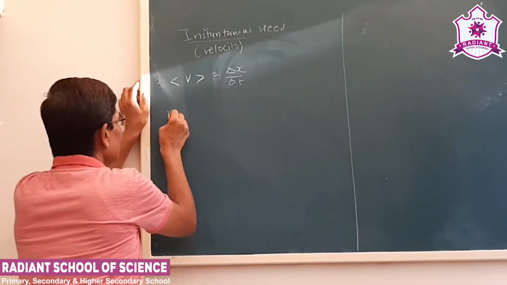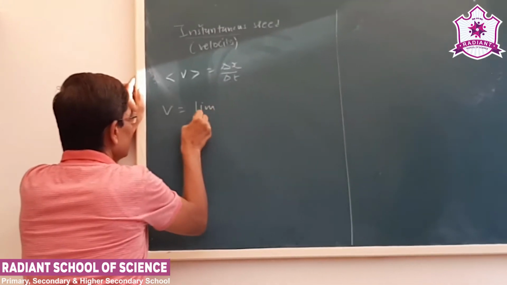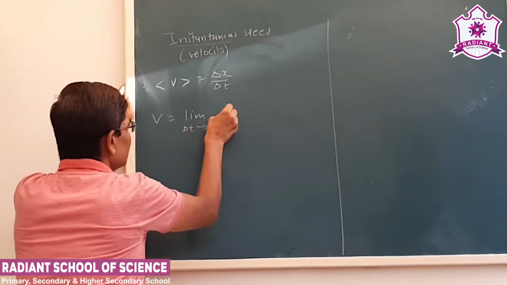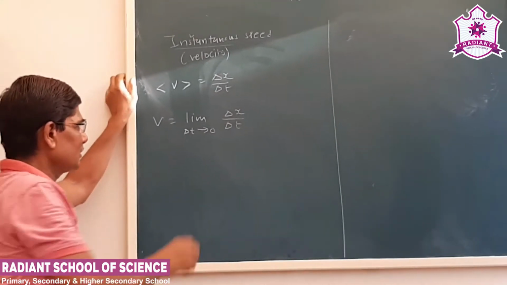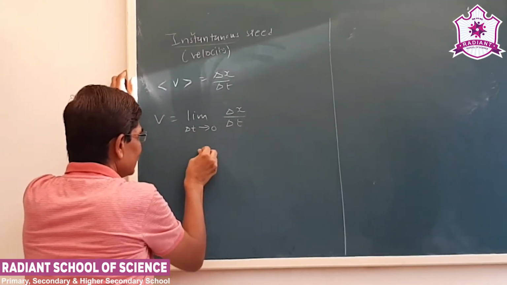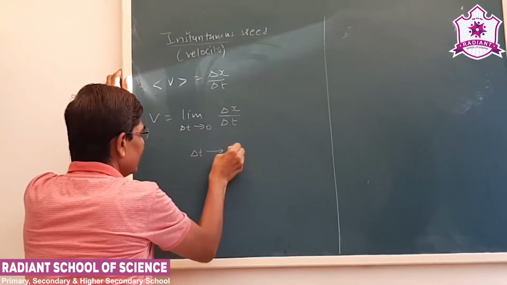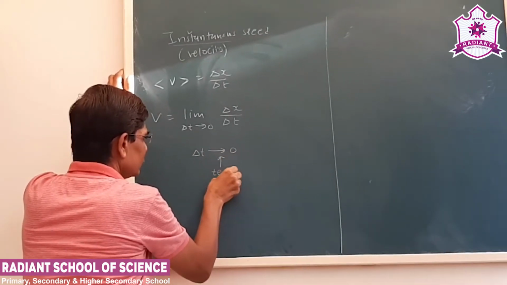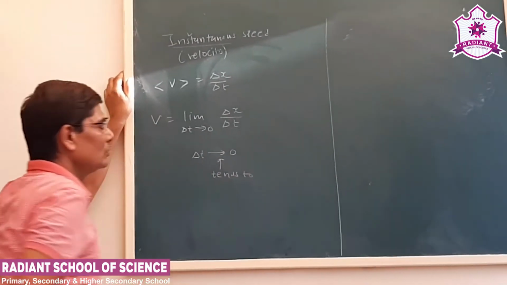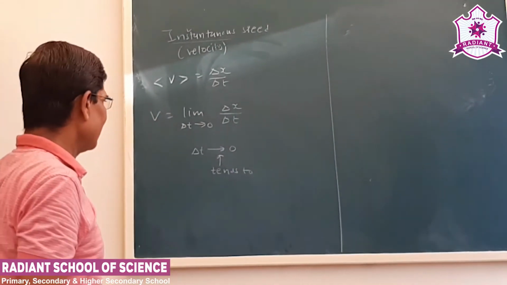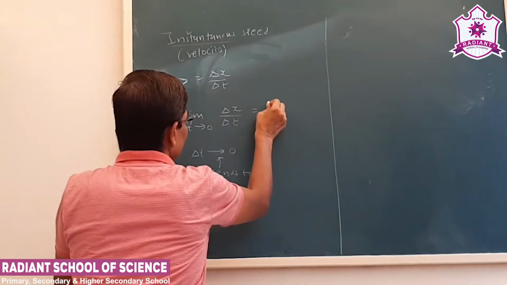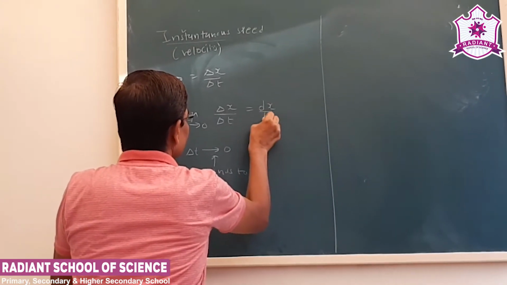Now see, this is a symbol for average speed. The instantaneous speed we obtain is the limit as delta t tends to 0 of delta x upon delta t. See, what is the meaning of this symbol? It says delta t tends to 0, now delta x upon delta t. See, that is a mathematical concept. In that case it is called dx upon dt.